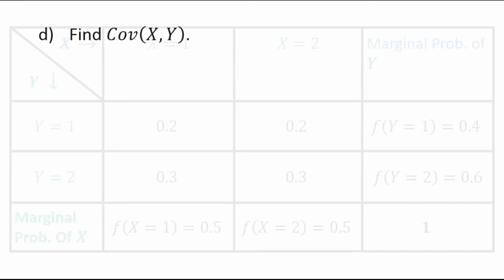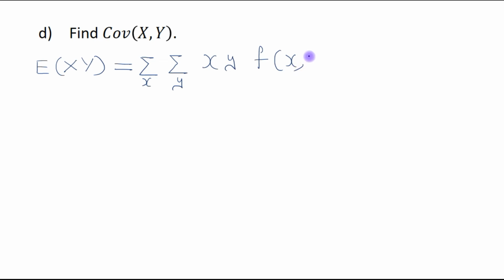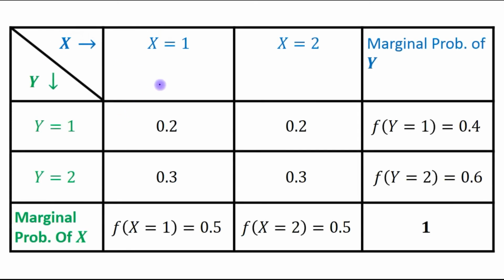Next part, find covariance between x and y. So let's first calculate expected value of xy. Next step, when x equals to 1 and y equals to 1, their joint probability is 0.2.